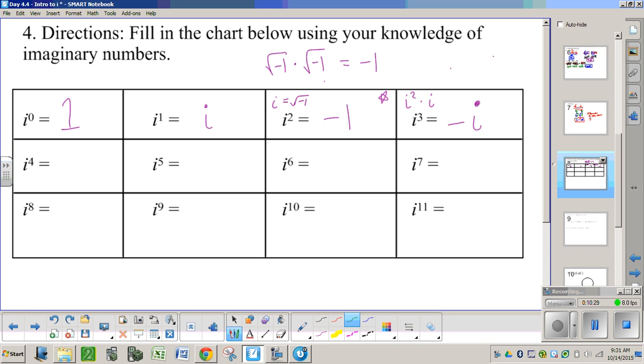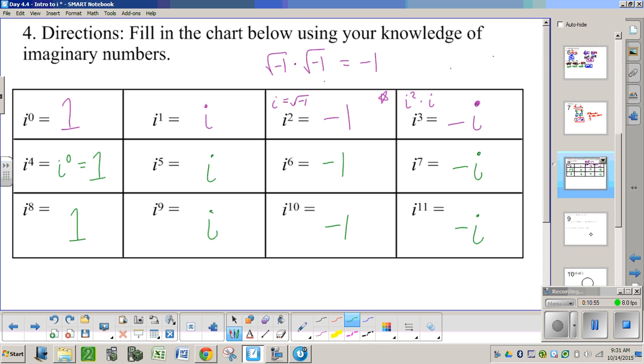Anytime you have a multiple of 4, it's just going to simplify down to the same thing as i to the 0, which is really just 1. So this whole pattern just continues to repeat itself into a cycle. And all of your values of i are going to simplify down to either 1, i, negative 1, or negative i.